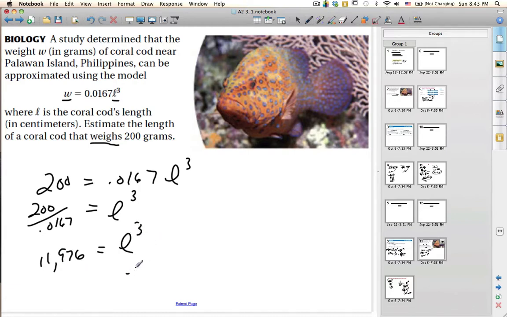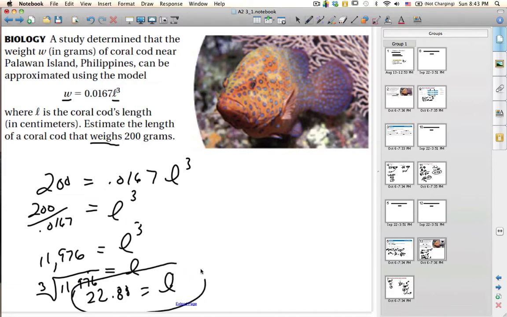And then I would find the length of the fish by taking the cube root of that number. And I went ahead and did that in a calculator. And it's basically 22.88 is equal to length in centimeters.